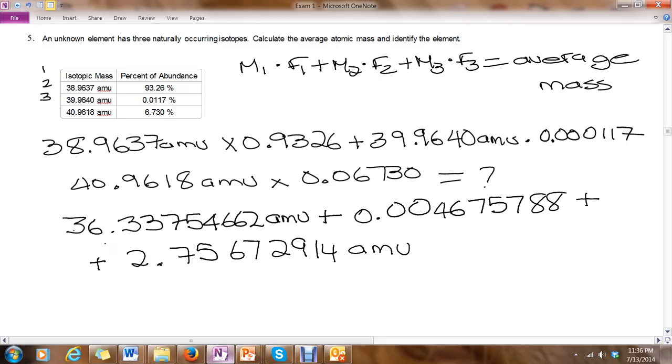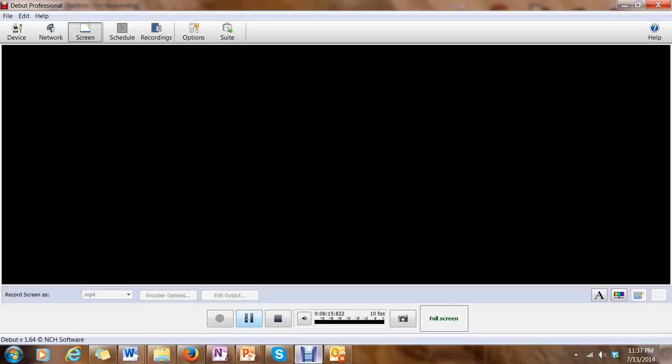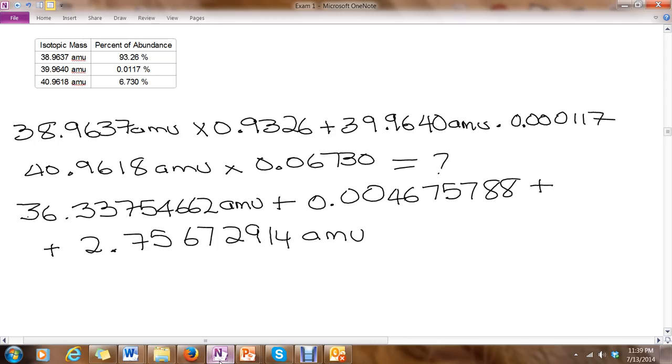Okay, I got here some of the calculation. I multiply the first isotope by its fraction, and the same for the second and third.